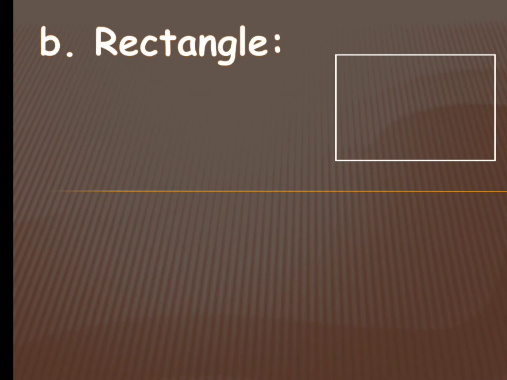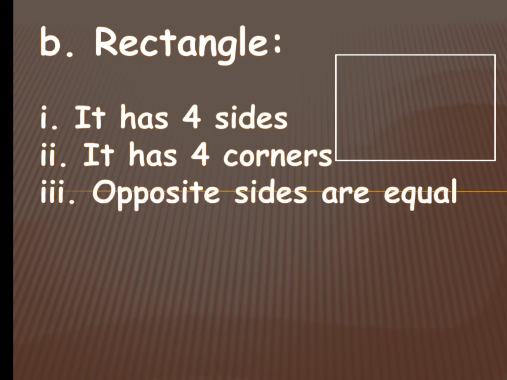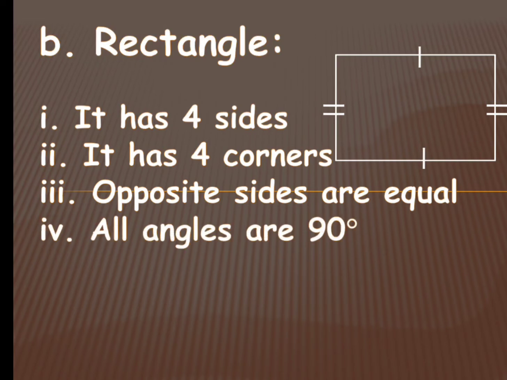you have rectangle. Okay, so you all know a rectangle also has four sides and four corners, isn't it, children? So what is the difference between a square and a rectangle is that opposite sides are equal. In a square, all sides are equal, but in a rectangle, opposite sides are equal. Next, one more similarity you have between a square and a rectangle, that is all angles measure 90 degrees.